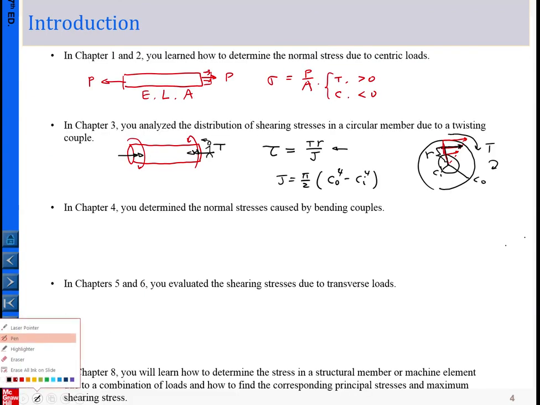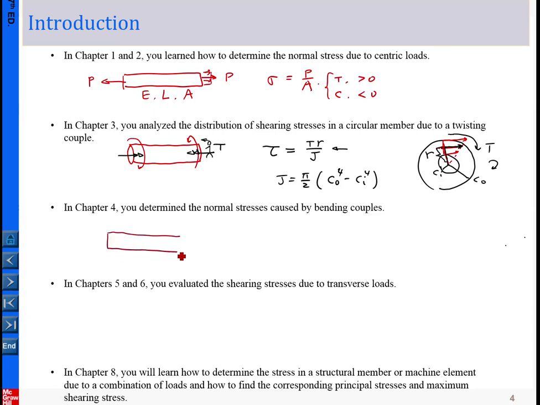In chapter 4, what we learned is bending. For example, we consider prismatic beams under bending. Here we take the cross section, and let me exaggerate it, for example, like this.